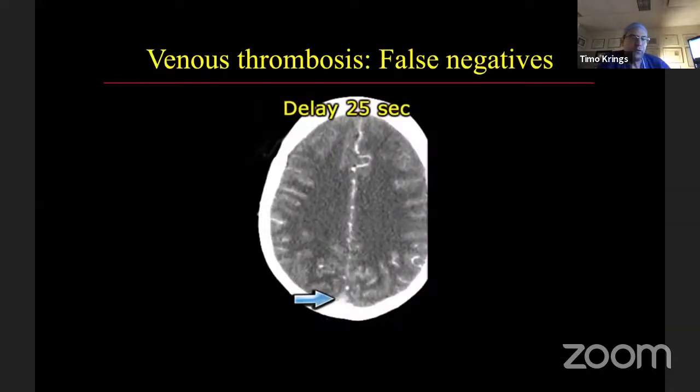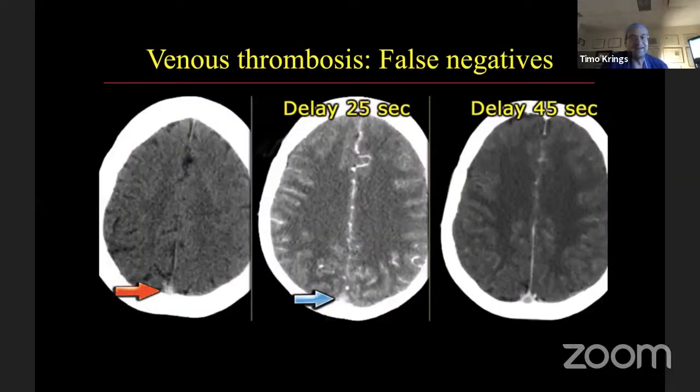You can also have false negatives if you choose the wrong delay of imaging. Here's a patient who has been imaged more on the arterial side, and you would say that this sinus is well opacified. However, if you look at the unenhanced scan and at the venous delay, you can see that on the unenhanced scan, we have a primary hyperdense sinus, and on the venous scan, you see an empty delta sign.